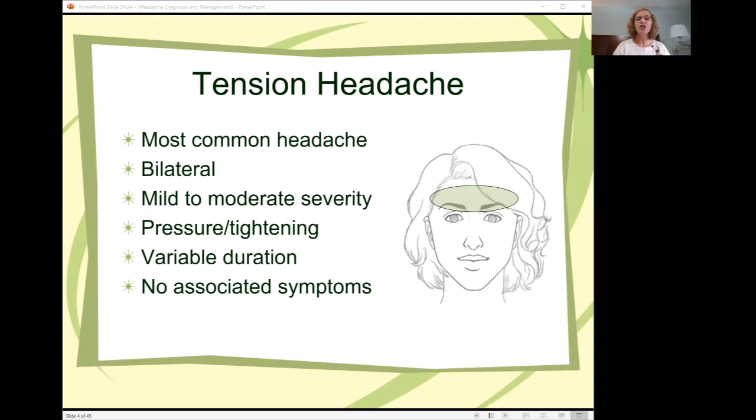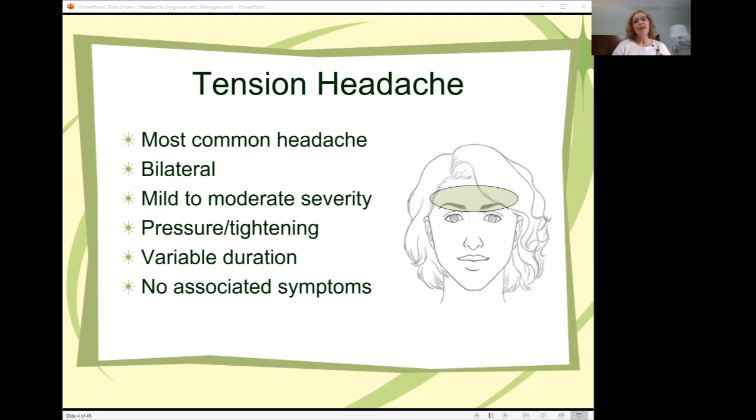And the lack of associated symptoms helps us to differentiate this type of headache from a migraine headache. There's no nausea or vomiting associated with a tension headache, and the headache is not aggravated by physical activity. Photophobia or phonophobia may be present, but not both.